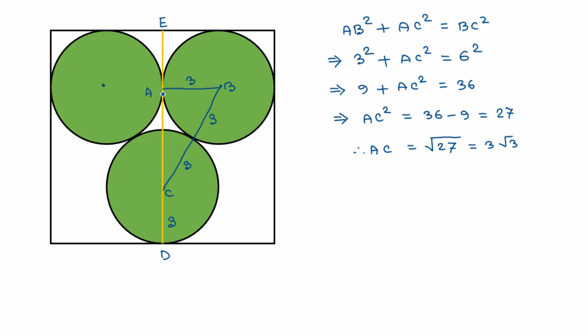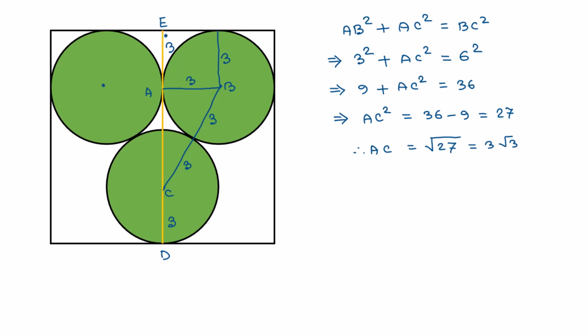So this is the length of AC, and this EA will be the same as this line, which is the radius of this circle, 3 units. So EA will also be 3 units.